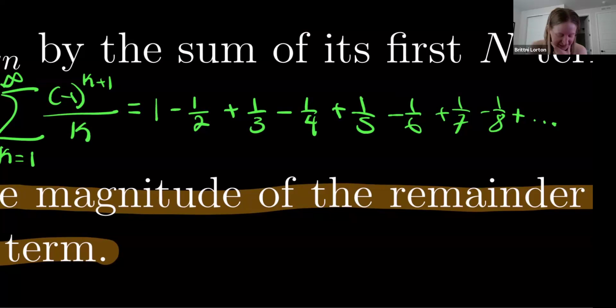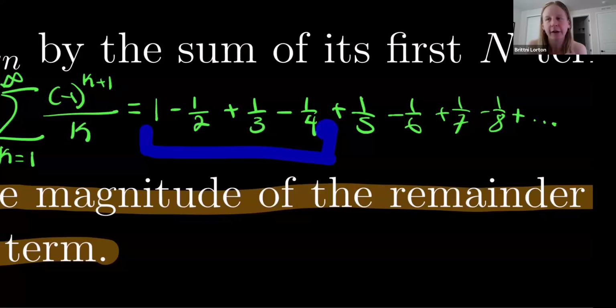So what I really want to do is pretend that I'm going to estimate the value of this convergent series by adding up the first 4 terms. 4 is not that great. I should probably do 1,000,000. But since I'm not going to actually add up 1,000,000 right now, we're going to have a Python program figured out for us later on. But let's just imagine I did the first 4.